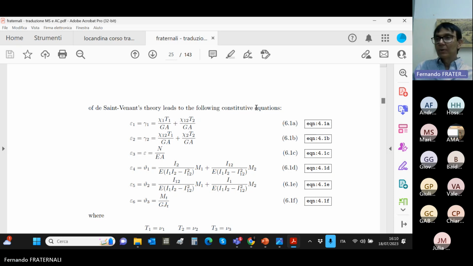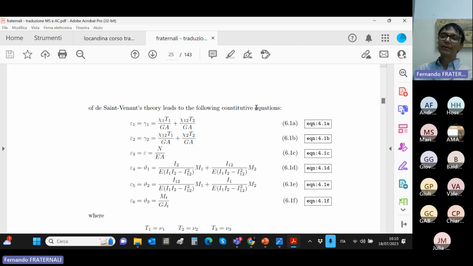But we are not forced to let the x1 and x2 axes be coincident with the principal axes of inertia. When we choose a cross section of a curved beam, we are not obliged to assume that the cross section has the symmetry axis or the principal axis of inertia coincident with the normal and the binormal.